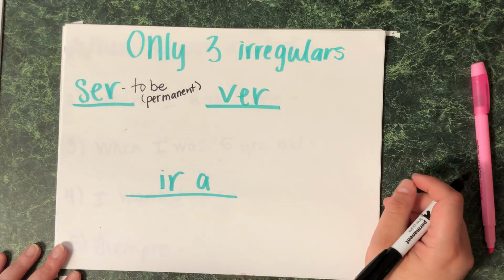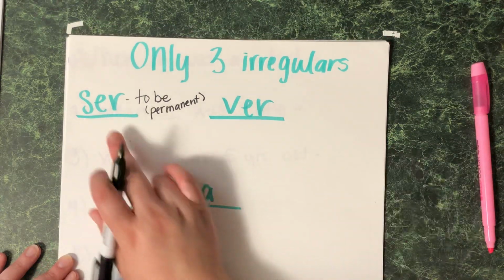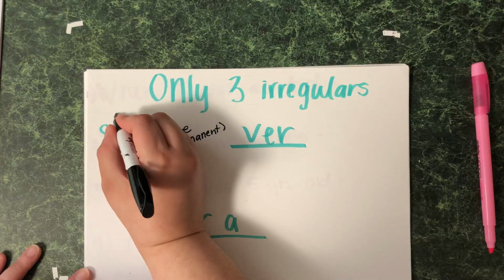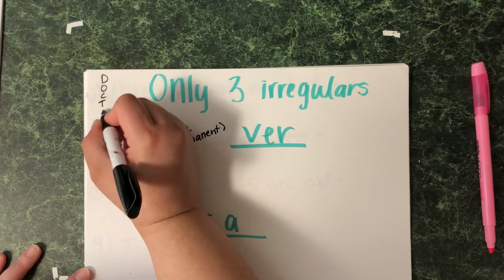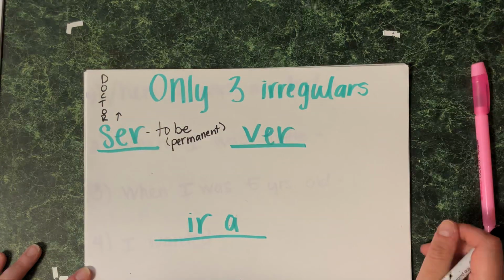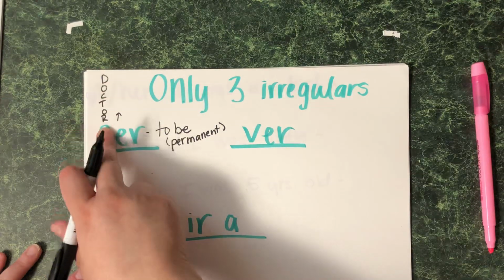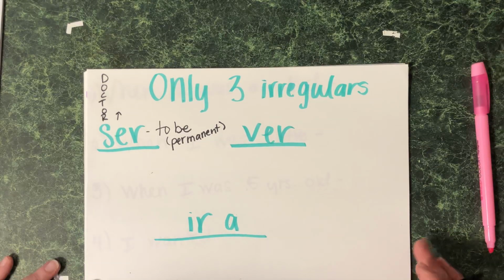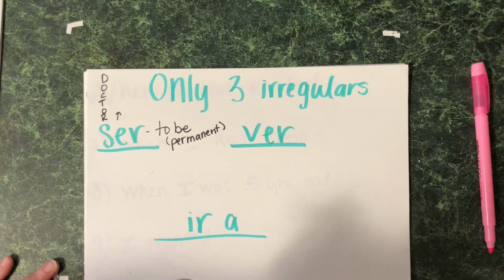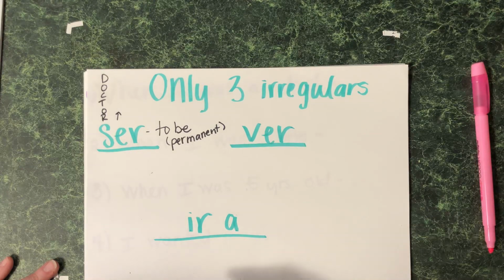You can watch the previous video to go over the uses of ser. Remember that for ser, we have the acronym DOCTOR. If you look on the video, it will tell you how to use the acronym DOCTOR for the verb ser.